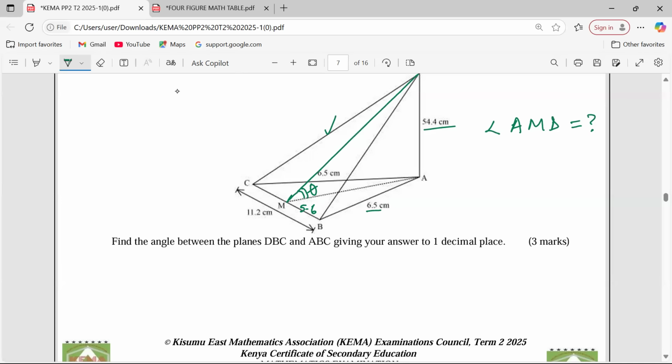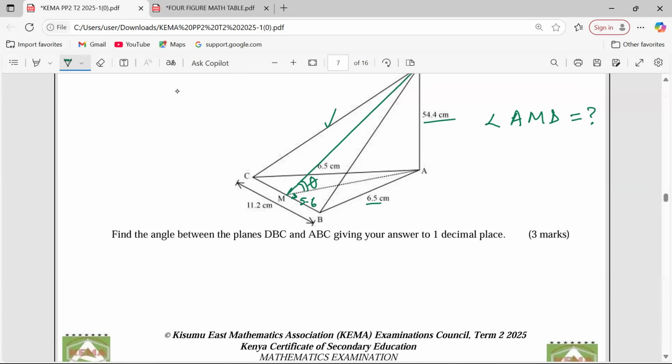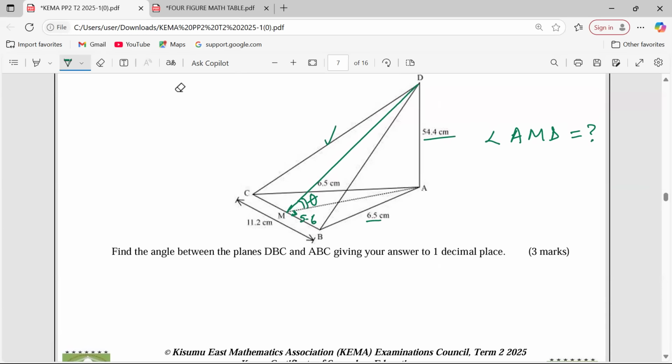So with that knowledge, then we need to work out, this is now right angled because AM is bisecting CB. So it cuts at M through a perpendicular angle. And therefore, we can use 5.6 and 6.5 to get the length from A to M. In other words, let me outline what I'm talking about.